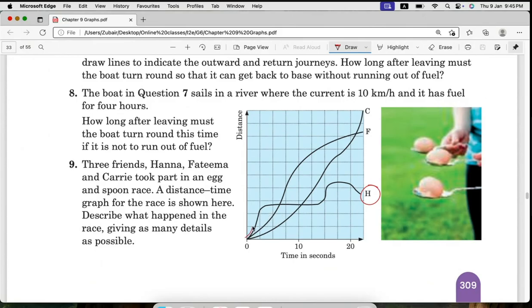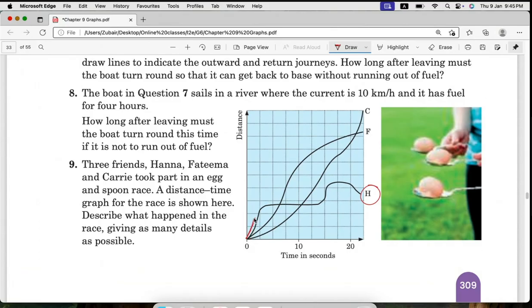If I just see this is the path which Hana is taking, so as many details, I would slowly just draw the line and keep speaking. I would say that Hana started off at the greatest rate as compared to Fatima and Kerry.